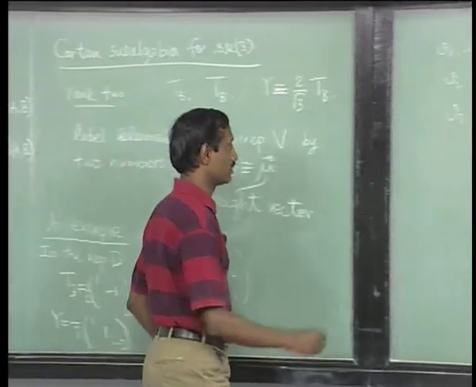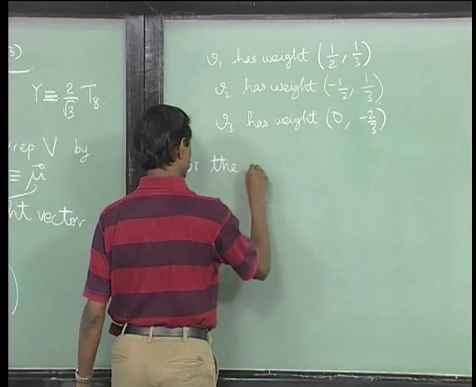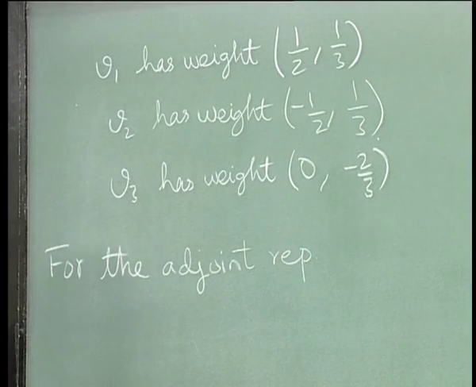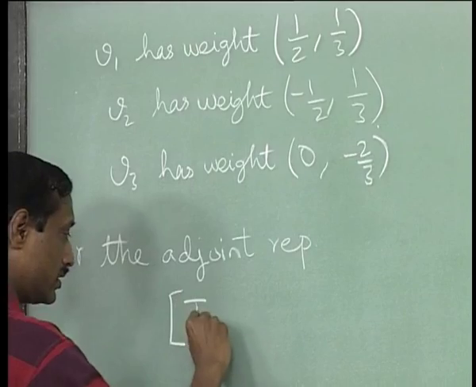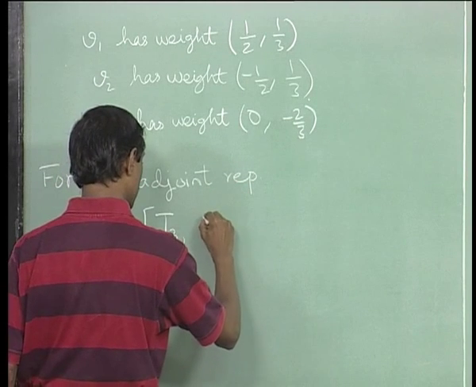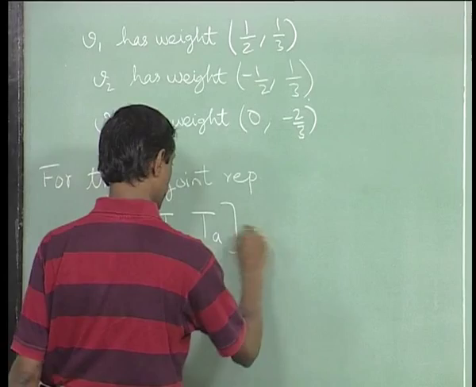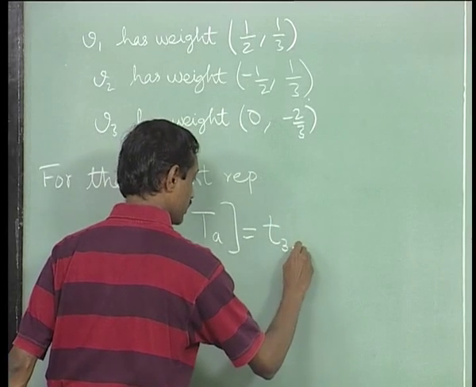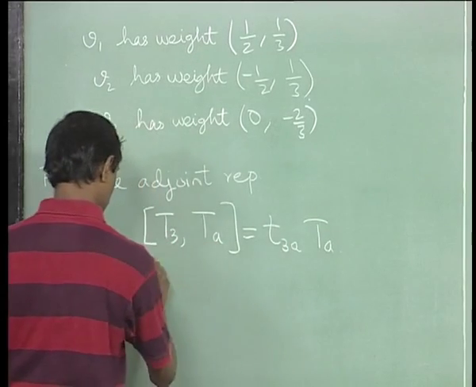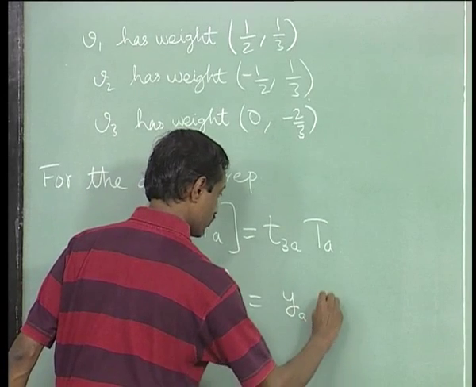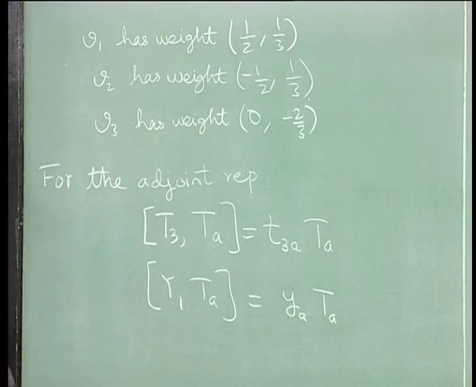For the adjoint representation you have to just look at the eigen T3 with any element, like T3 with Ta, which up to a sign will give you something.